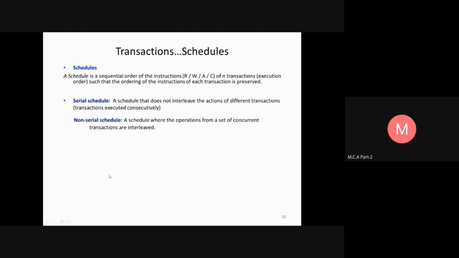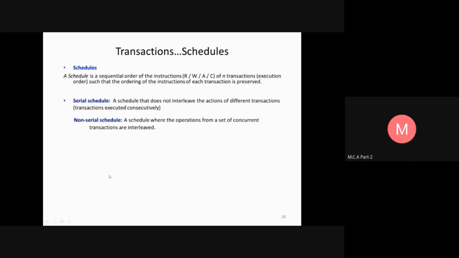So non-serial schedules are schedules where the operations from a set of concurrent transactions are interleaved. Okay. So if two transactions are running concurrently, the operating system may execute one transaction for a little while, then perform a context switch and execute some instructions from the second transaction for some time. Okay.